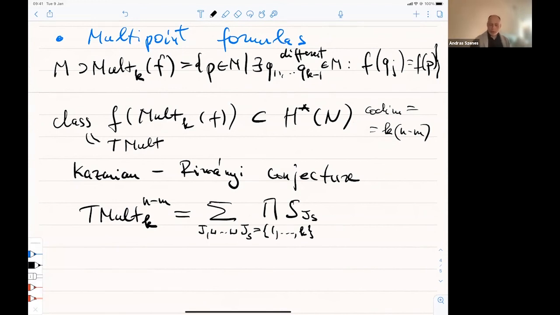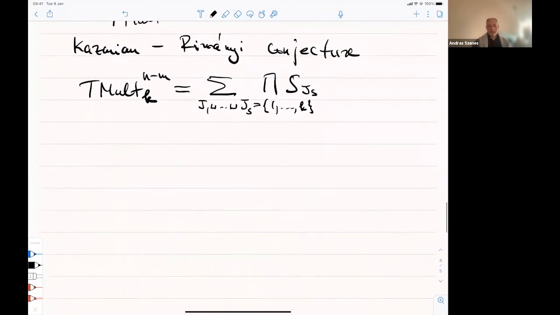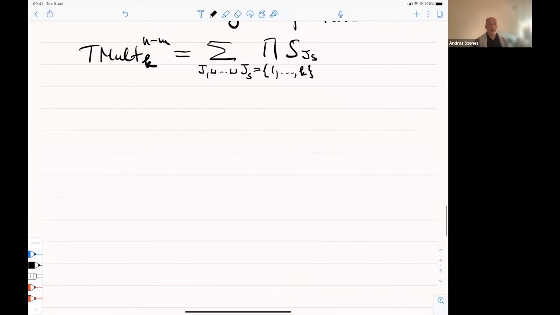So I take a partition and then you take products of some polynomials S. This is not minor, but it's not the key. The point is that I'll give a formula for this polynomial S. That's the key point on which the result is based.